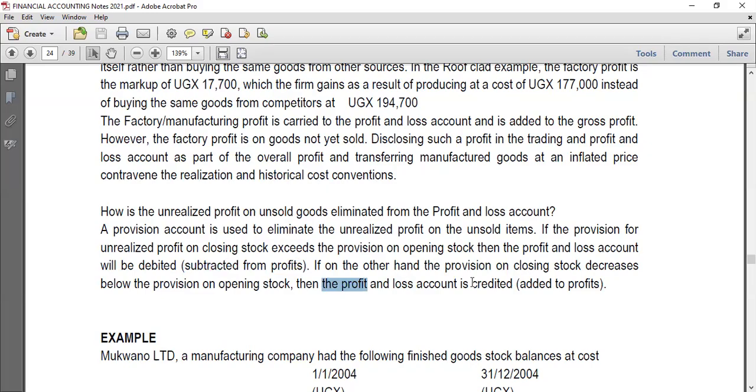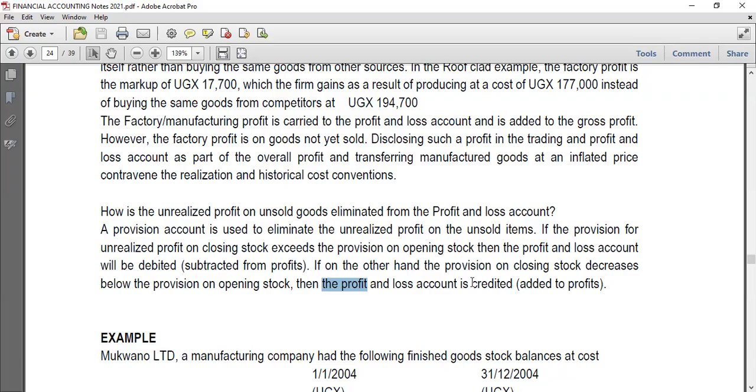Remember, your business is a going concern. So if you're ending with some stock today at the end of the financial year, and let's say there's unrealized profit on it, at the end of the next financial year, again, you also end with some other inventory. Now, the inventory you've ended with in this financial year is the beginning inventory of the next financial year. And what we are saying is that get the unrealized profit on the opening inventory, okay? Compare it with the unrealized profit on the closing inventory.